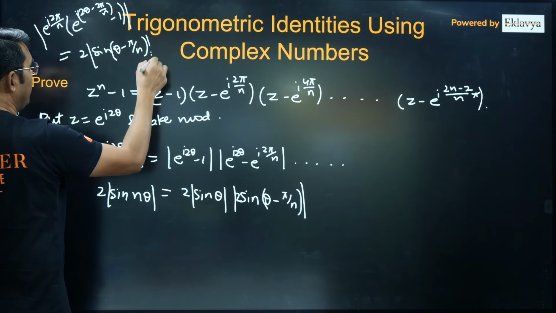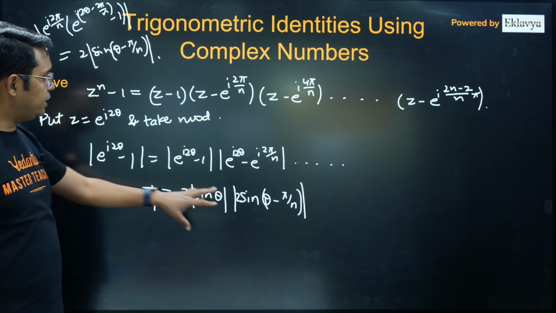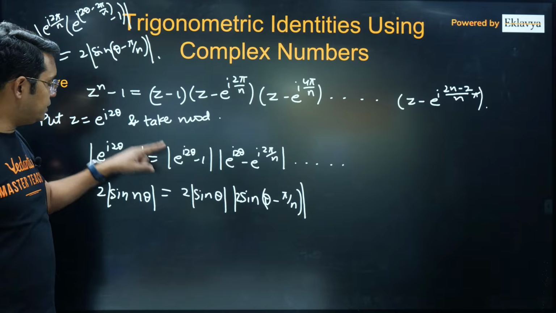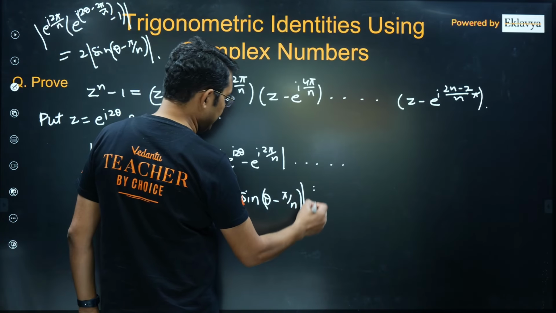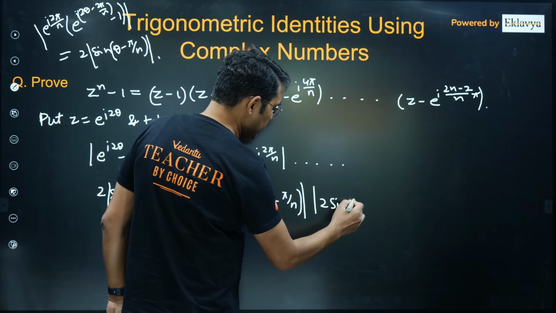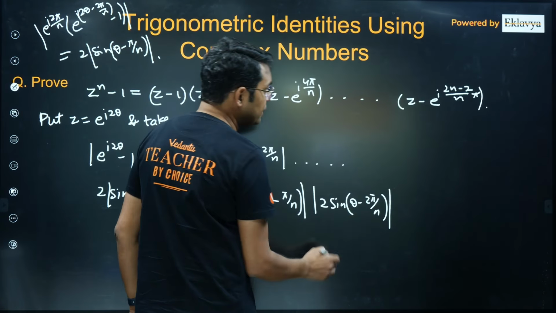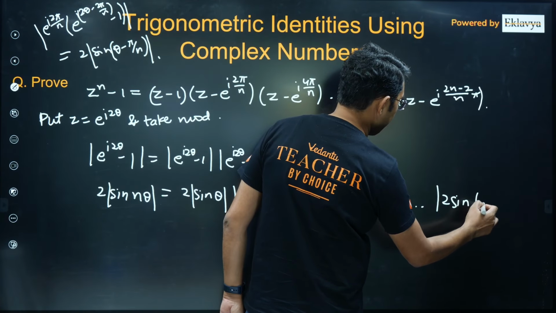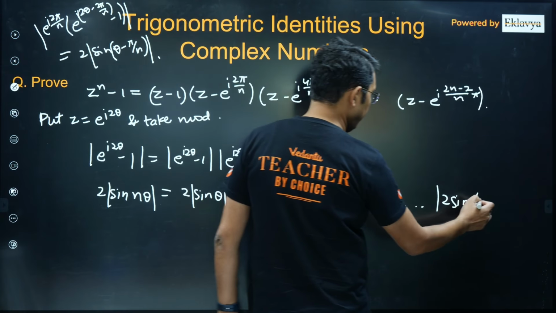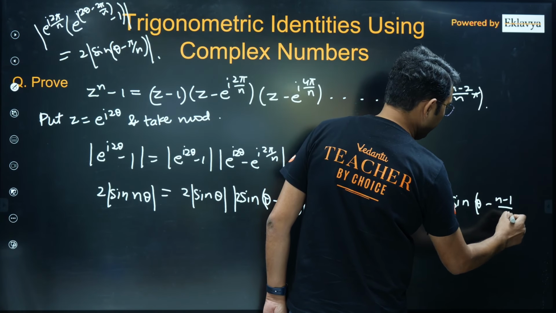Why am I keeping mod on sine every time? Because sine may be negative also. So this is 2 sine theta, this is 2 sine (theta minus pi by n), and the next one will be 2 sine (theta minus 2 pi by n) and so on. The last one would be 2 sine (theta minus (n minus 1) pi by n).